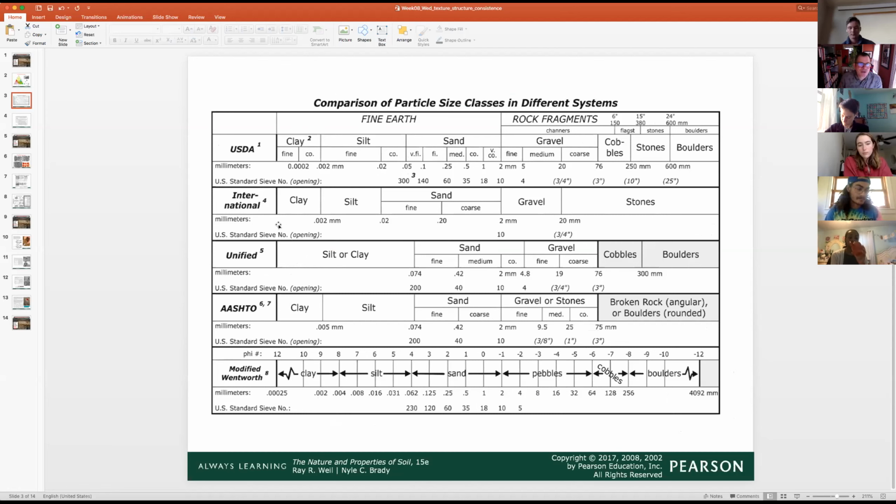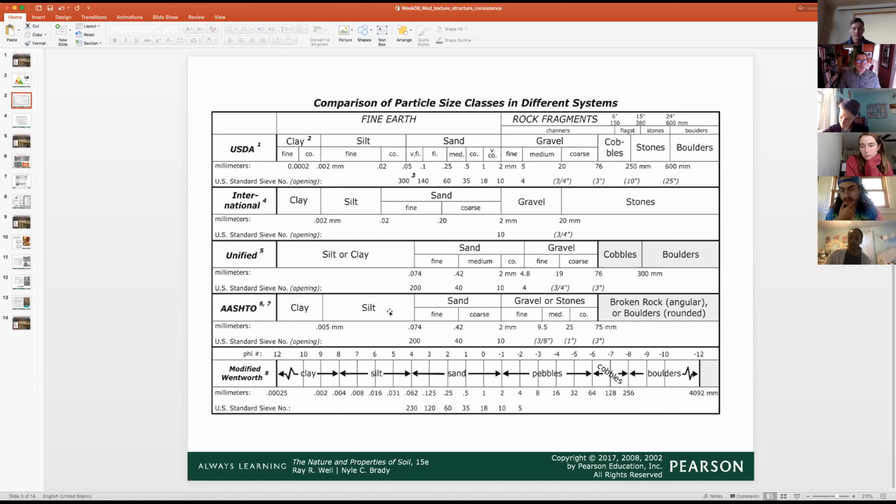But for example, there are some international classifications where they define silt at a smaller size fraction than sand. The same with this AASHTO classification. This is something that's used basically in engineering. And so they also have slightly different subdivisions for clay and silt.